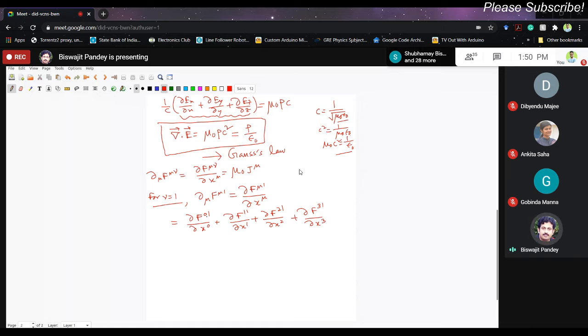And if you remember, x0 is ct, so del x0 is 1 over c del t. Again all are contravariant, so you don't need to worry about sign. F01, remember, first row second element, first element is 0, then we had minus Ex by c, minus Ey by c and minus Ez by c. On this side, Ex by c, Ey by c, Ez by c.